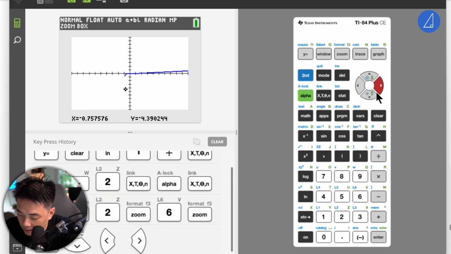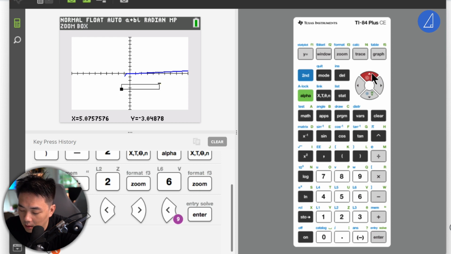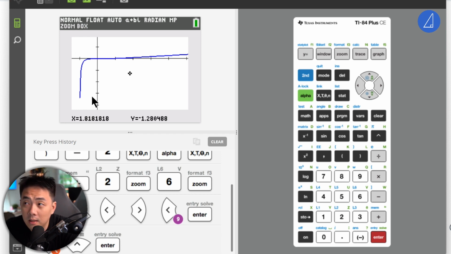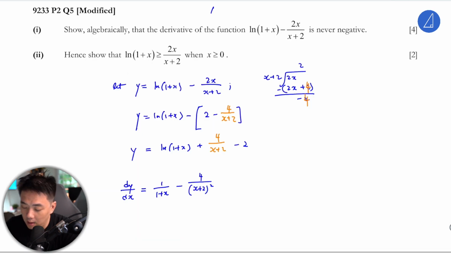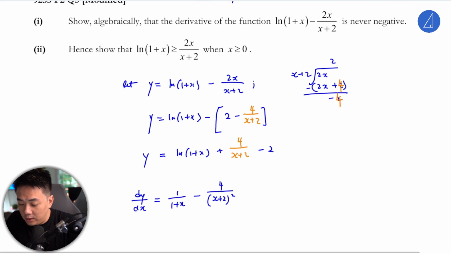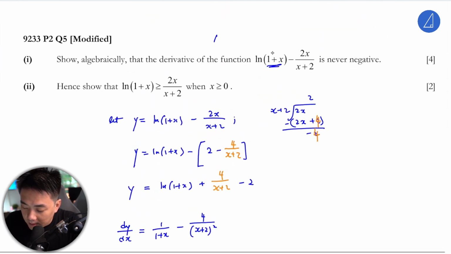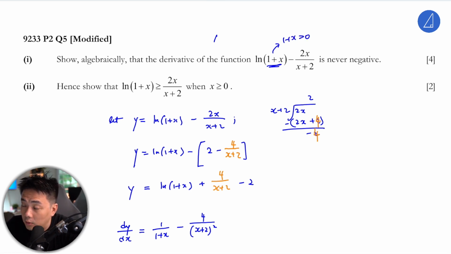I'm going to use the zoom box to see how it looks. You can clearly see there's somewhat an asymptote there. That shouldn't be an issue because for ln(1 + x), 1 + x has to be bigger than 0 for the function to be valid.